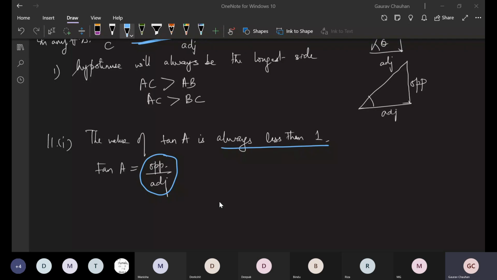Nishchay is raising his hand. Go ahead, Nishchay. Sir, opposite side should be smaller than the adjacent side. But is that always true? No, sir. It is not necessary. So is it always like this then?